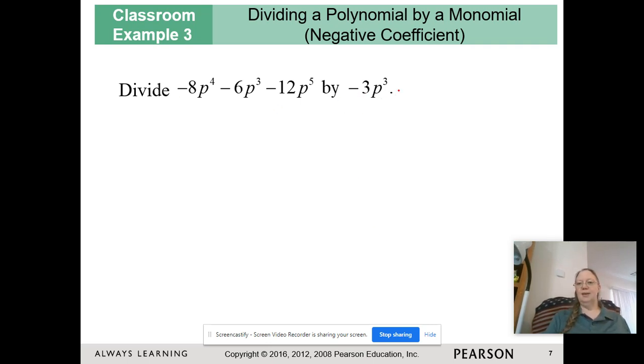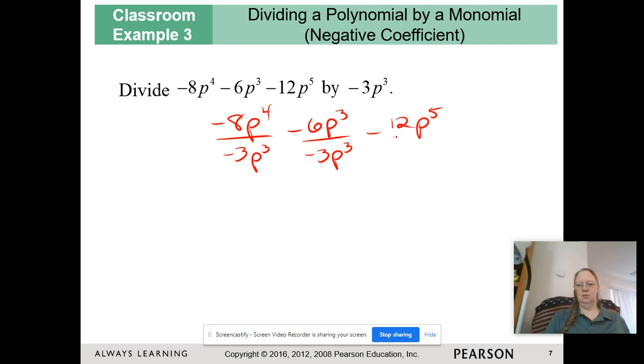And now we're dividing by negative 3p cubed. So 8p to the 4th over negative 3p cubed, and so on. Lots of negatives. Remember, dividing a negative by a negative makes it positive. So 3 does not go into 8, and we cannot simplify. So we've got our 8/3.